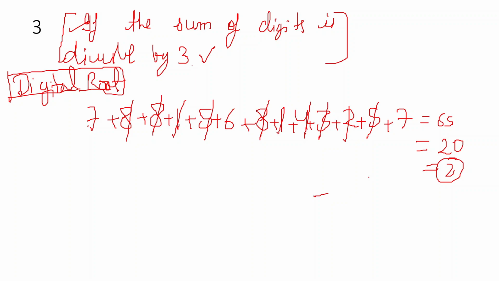So I hope you understand that the digital root method is easier compared to the method written in the book. Remember this rule: you know how to find the digital root, I explained it in the last class, so use that. If the digital root of the number is divisible by 3, then the number will be divisible by 3.